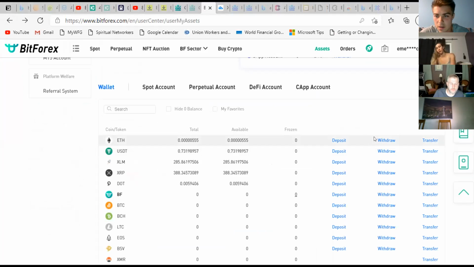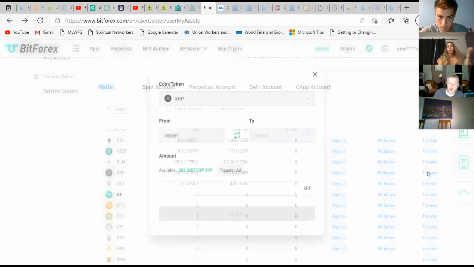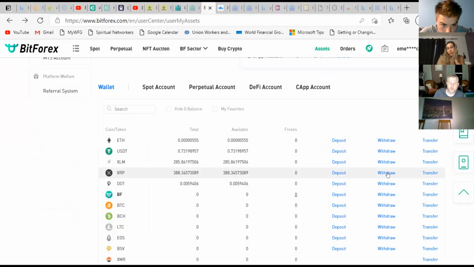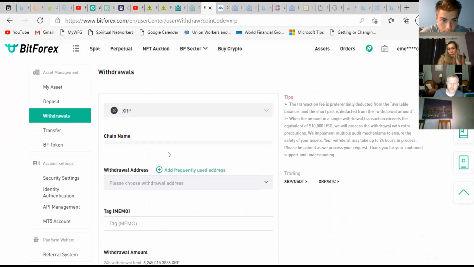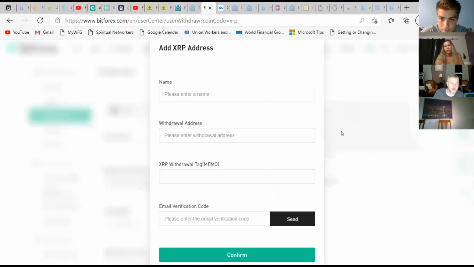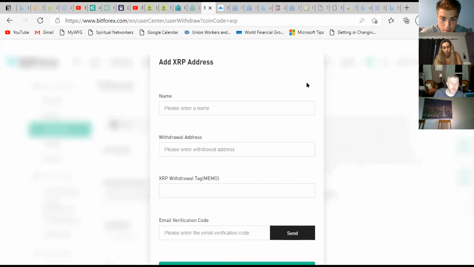It didn't have me select an amount. What the heck? Should be the same address, right? Yeah. XRP. No, that's withdraw. I don't know. Withdraw. Okay, how do I get out of this?